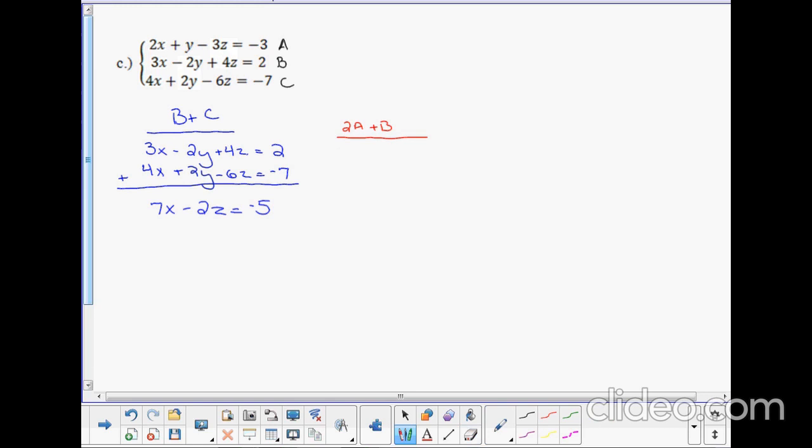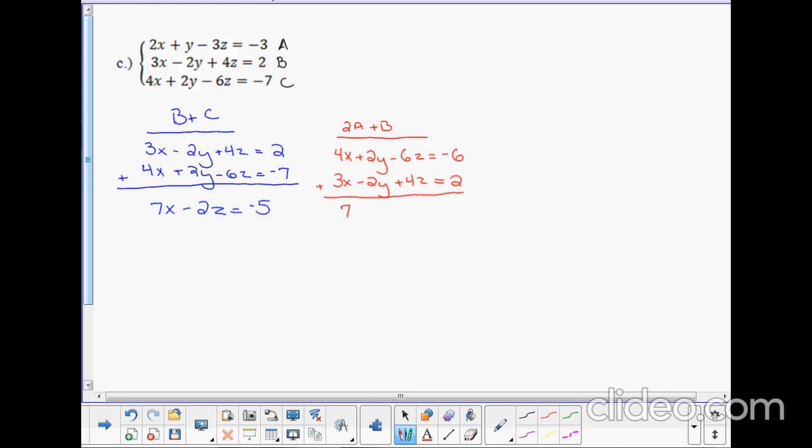multiplying A by 2 would leave me with 4x plus 2y minus 6z equal to negative 6. And adding B, I would have 3x minus 2y plus 4z equal to 2. Now we want to add these two equations together.